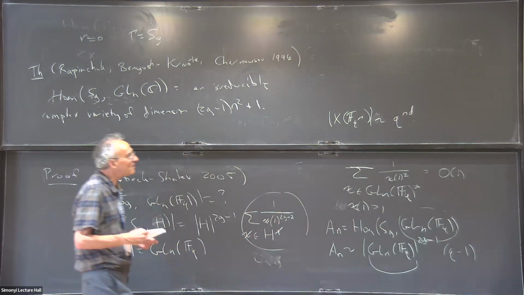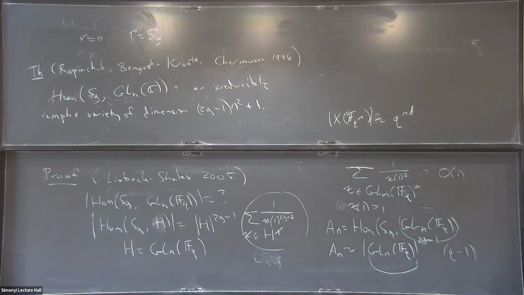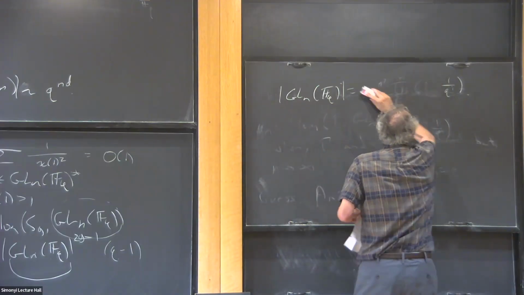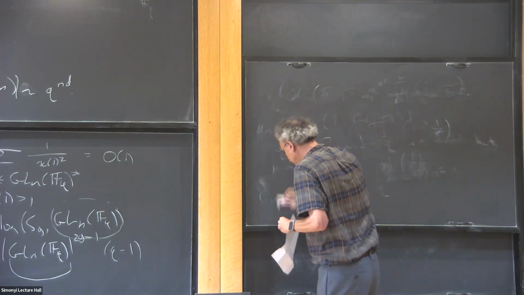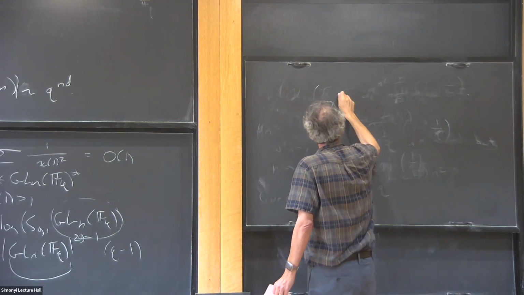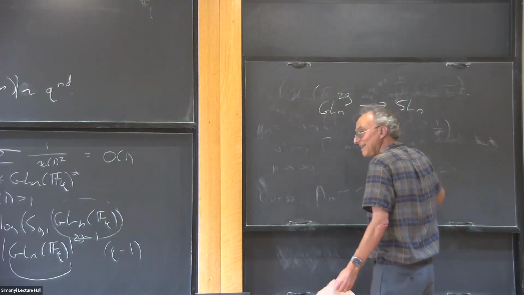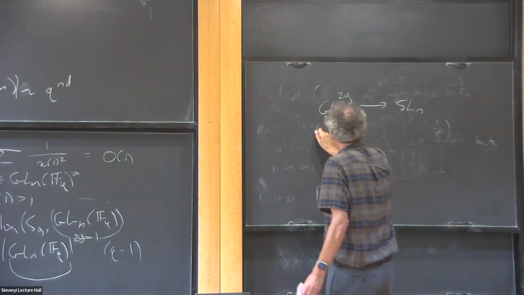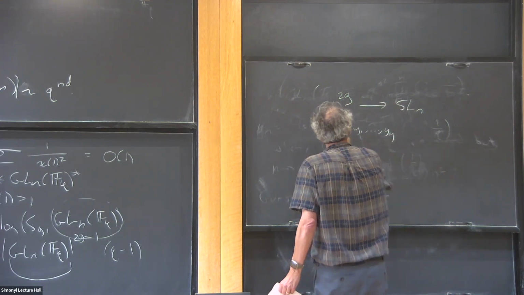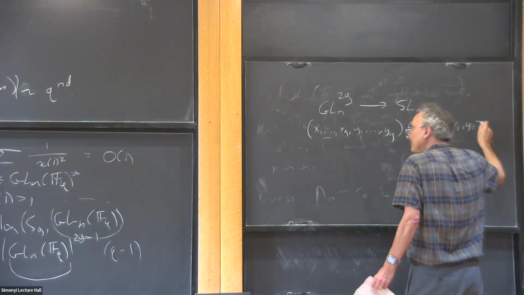It is the fiber of a morphism. We've got a morphism from GL_N to the power of 2g to, actually it's to SL_N, given by x_1, ..., x_g, y_1, ..., y_g mapping to the product of the commutators [x_i, y_i].